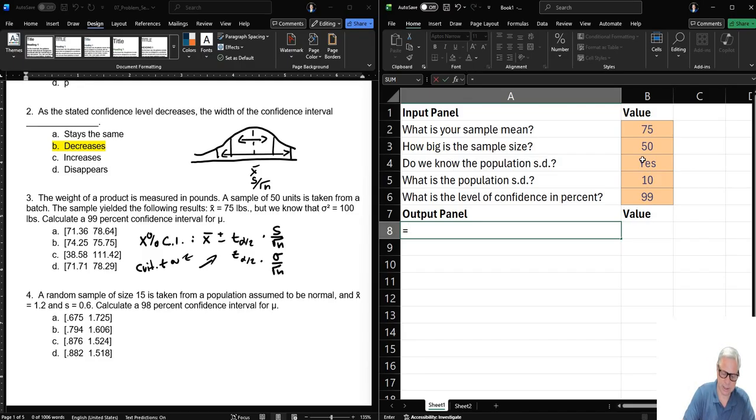So we say again, if the answer to do we know the population standard deviation is equal to yes, comma, then, so the comma means then.